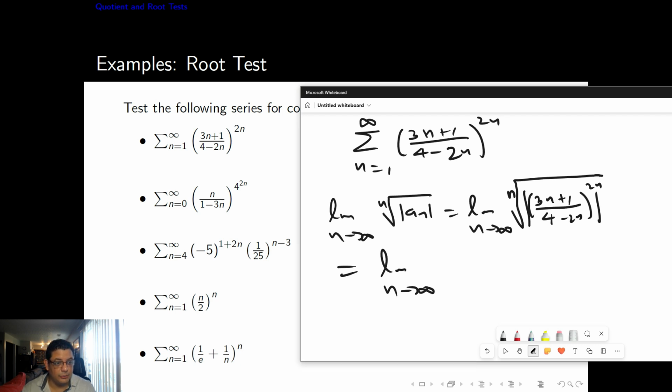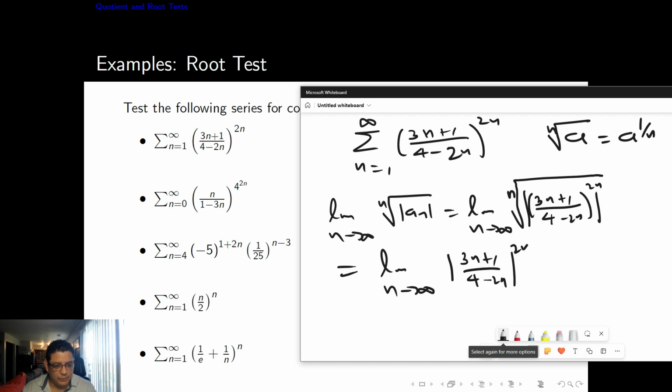Now, just remember that the n root of a number a can also be seen as a to the 1 over n. That's going to be the key to simplify this, because now I can write this as the absolute value of 3n plus 1 over 4 minus 2n to the 2n, and then because it's 1 over n, divided by n.